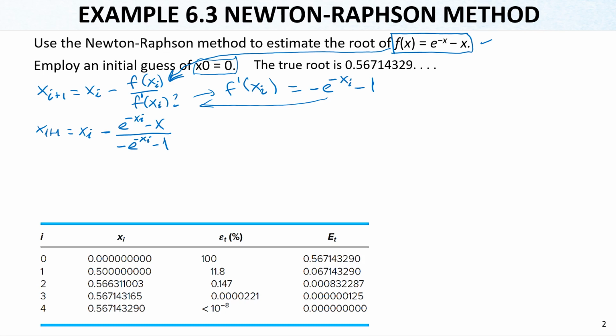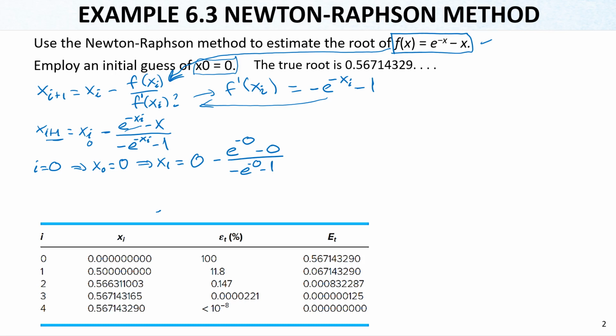So let's say over here you see i is equivalent to 0, then x0 is equivalent to 0, then xi plus 1 becomes x1, and this is x0. Then we will write, if x0 is 0, x1 equals 0 minus (e to the minus 0 minus 0) divided by (minus e to the minus 0 minus 1).